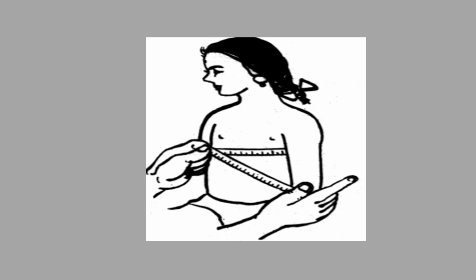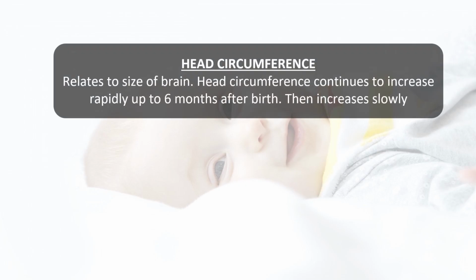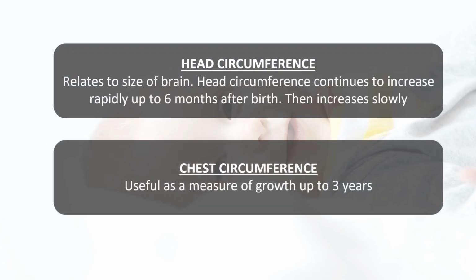What do these indicate? Basically, the head circumference relates to the size of the brain. The head circumference continues to increase rapidly up to 6 months because, as you know, brain development takes place after birth. Then after 6 months, the head circumference increases slowly, but the chest circumference usually measures the growth up to 3 years.